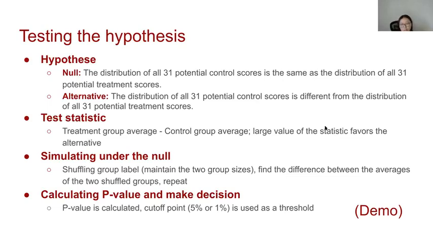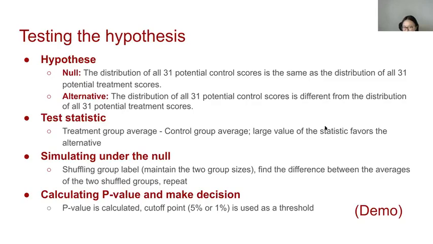In this case, if you remember the result column, if it's one, somebody did see improvement; if it's zero, no improvement. So a larger value of the difference of the averages is going to favor the alternative, meaning that the treatment is helping more than the control, or no treatment.